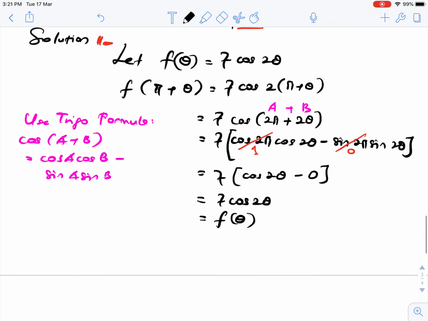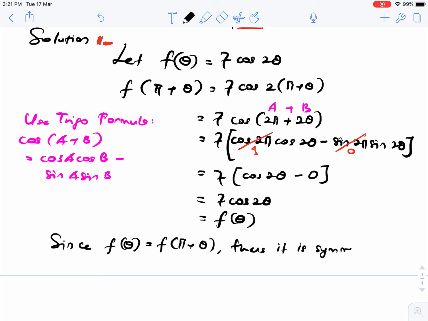So we can conclude that since f(theta) equals f(pi plus theta), thus it is symmetric about the pole.